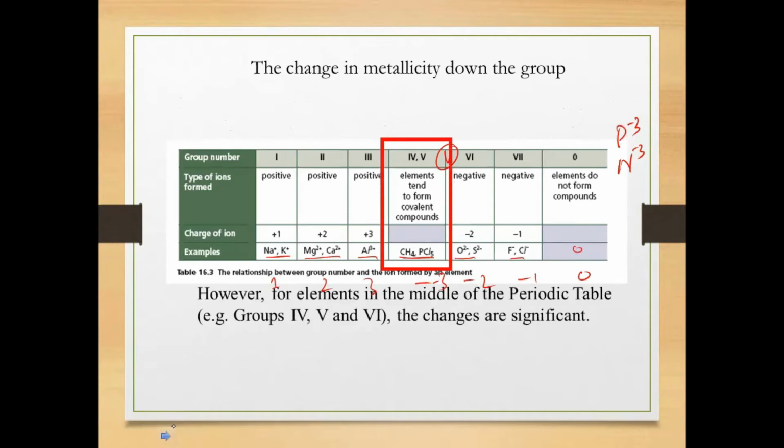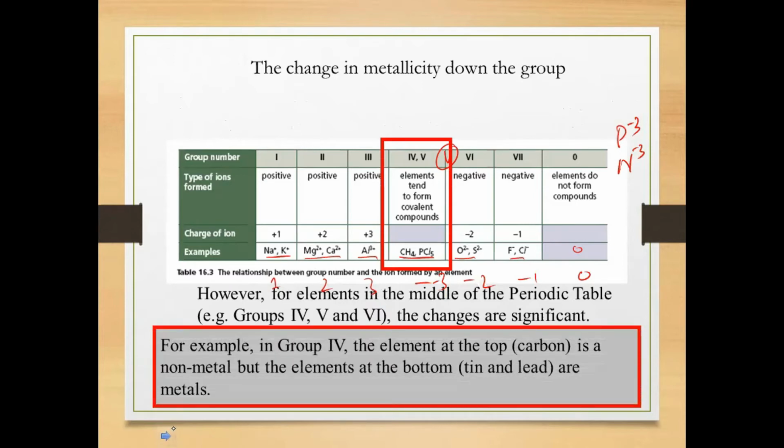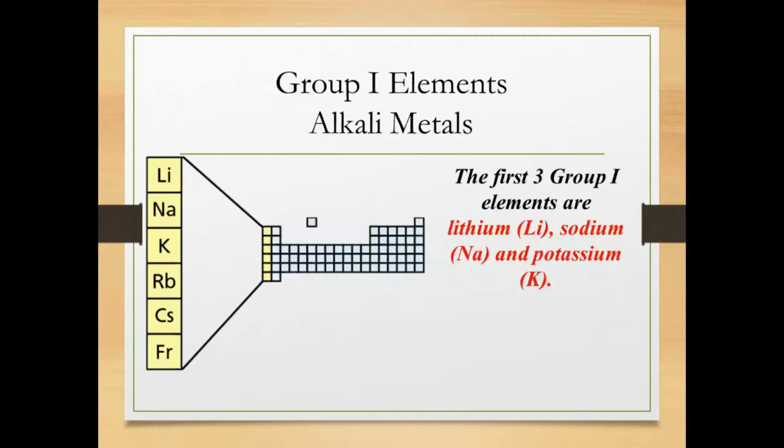If you talk about phosphorus and nitrogen, they may form -3 charge. Again, group number 4 is half filled. It is possible that it may donate 4 electrons or receive 4 electrons from any element, or it may form a covalent bond.